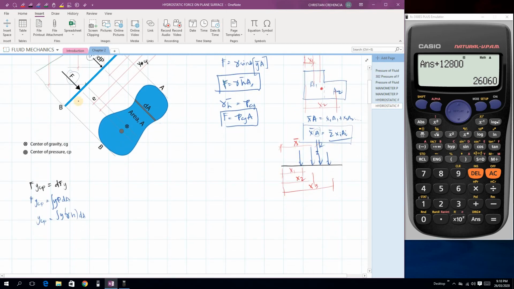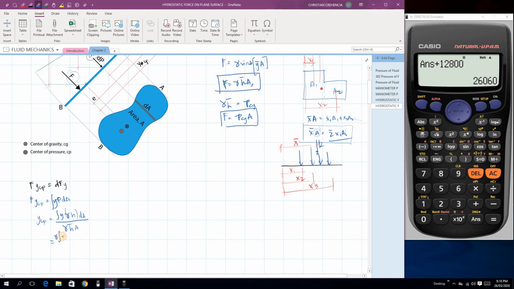So, i-apply natin ulit dito. So, divide muna natin to ng yung force na gamma h bar A. Okay. So, now we have the integral of, so unit weight is constant, labas ko ulit.